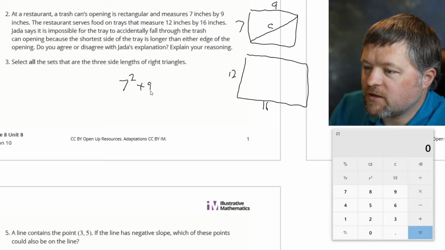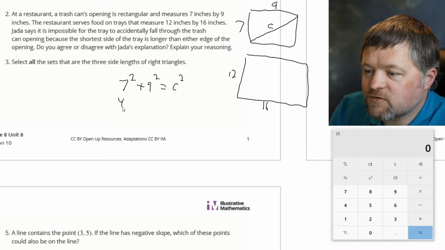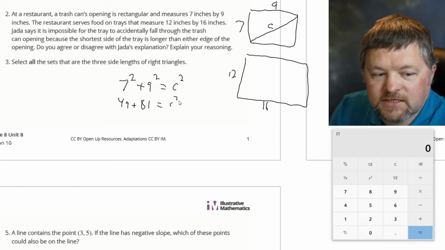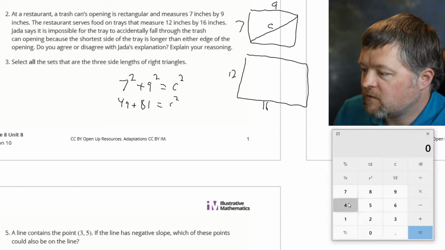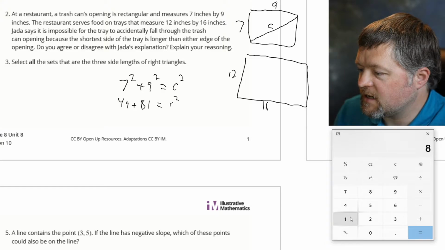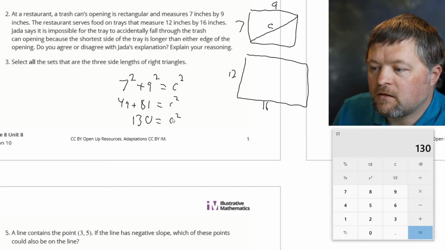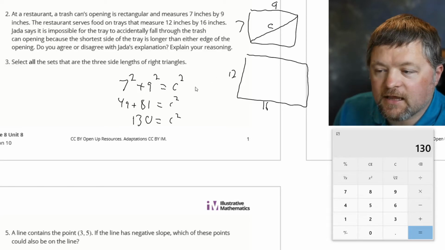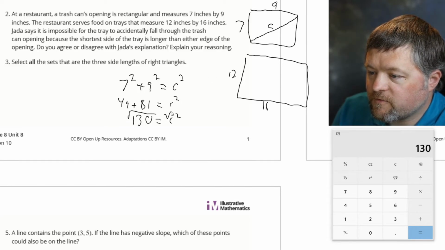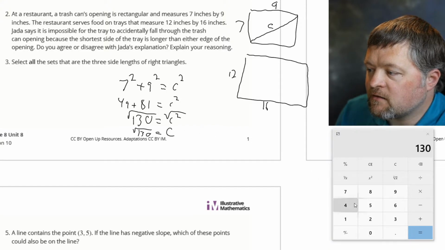7 squared plus 9 squared equals c squared. 7 squared is 49. 9 squared is 81, is equal to c squared. 49 plus 81 is 130. So now to know what c is, take the square root of each side. So the square root of 130 is equal to c.